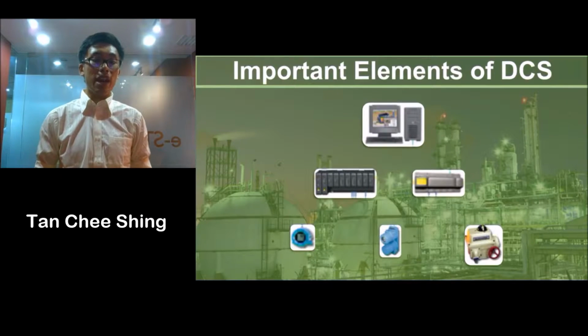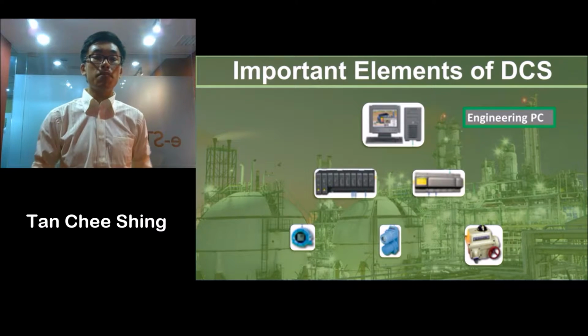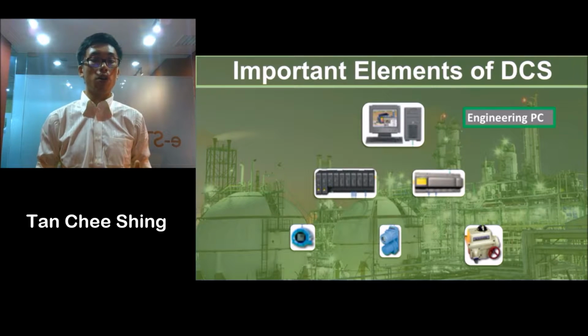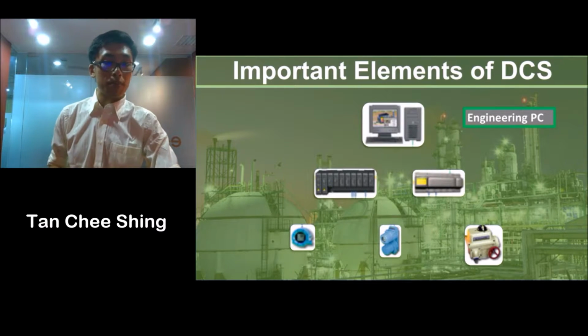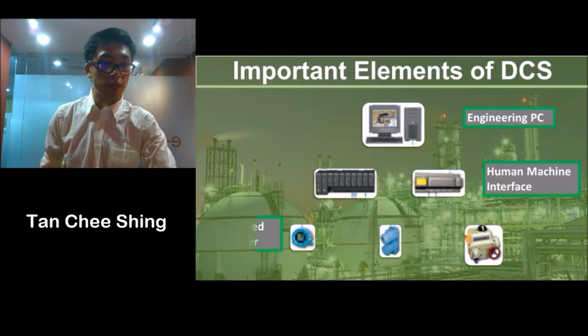This case study we have been studying utilizes DCS as part of their major control system. There are four important elements of DCS that differentiate this type of control system from other types. The first part is the engineering PC, which centralizes the overall control system of the upstream crude oil processing. Underneath the PC are the major advantages of DCS, which are the human-machine interface, short for HMI, which provides system controls at a local level to provide instant output to the local process system.